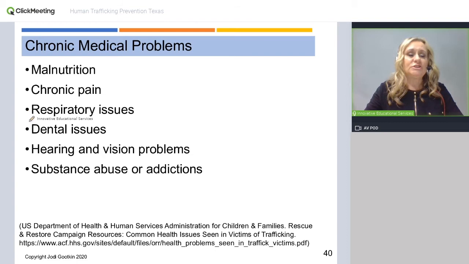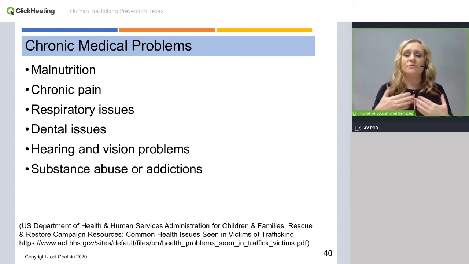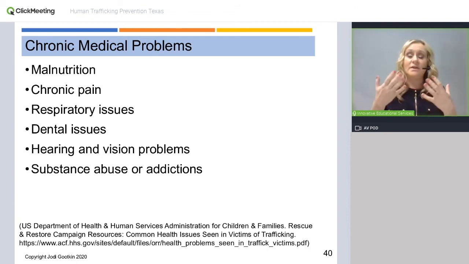The malnutrition can also lead to dental issues. Consider all the different body systems. If the individual is working without appropriate personal protective equipment, they may be inhaling fumes from chemicals or dust that lead to respiratory issues, and loud noises, eye injuries, or strained vision can occur.